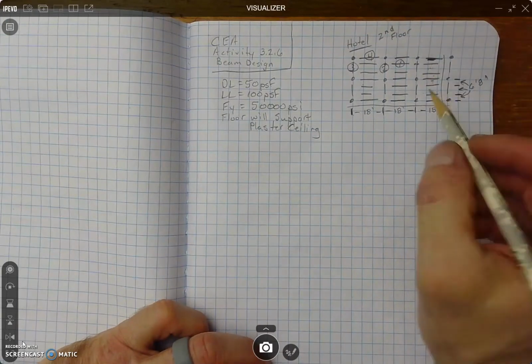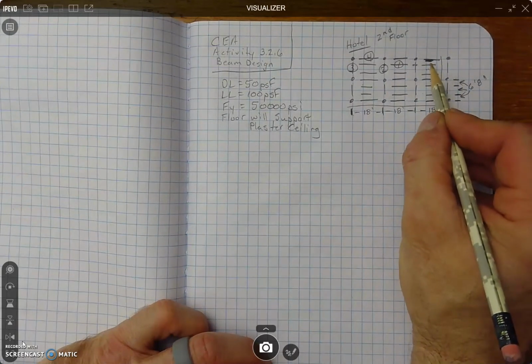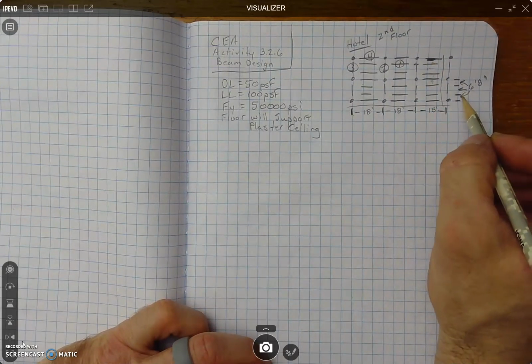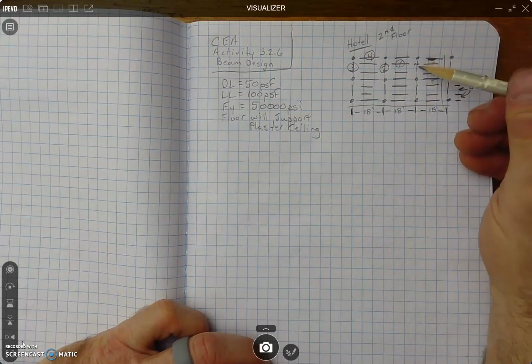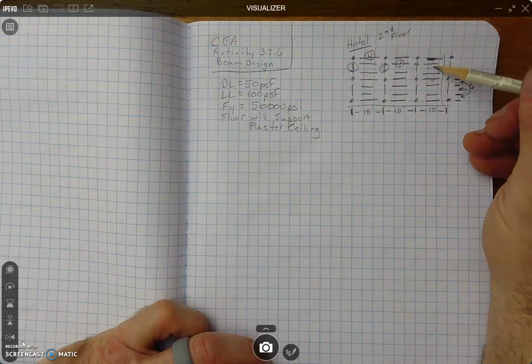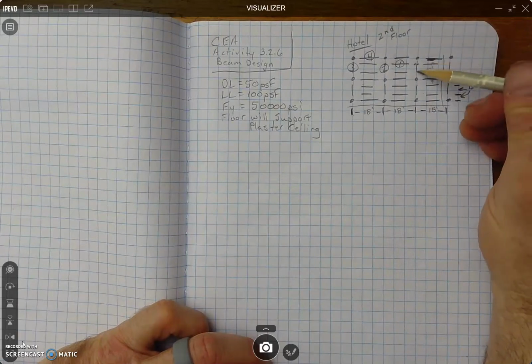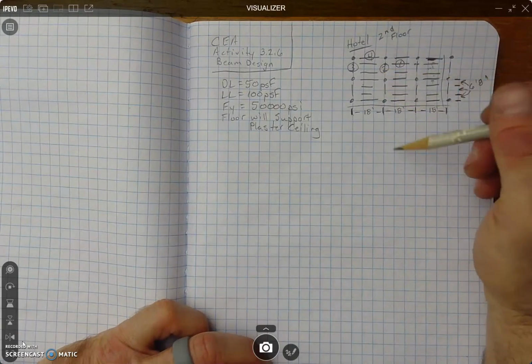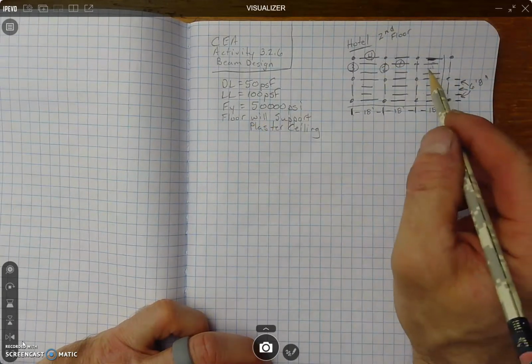The tributary for an external beam, however, has nothing on this side, so it's just half of the width between the beams on the inside. For the girders, it's the same: halfway this way and halfway that way. For this exterior girder, it's just halfway this way, so it holds half as much as that. When we do our loading, which is the first thing we do in this activity, we're going to be referring to these.